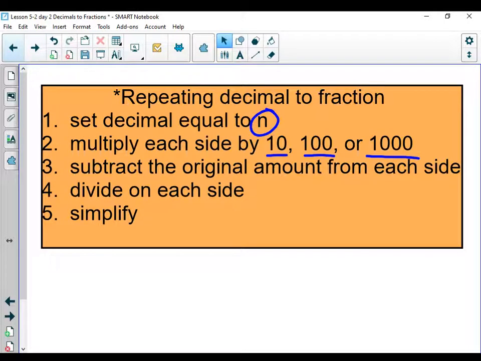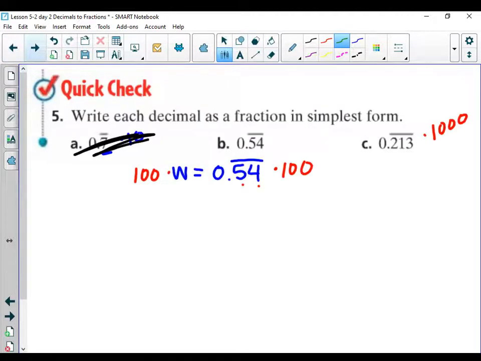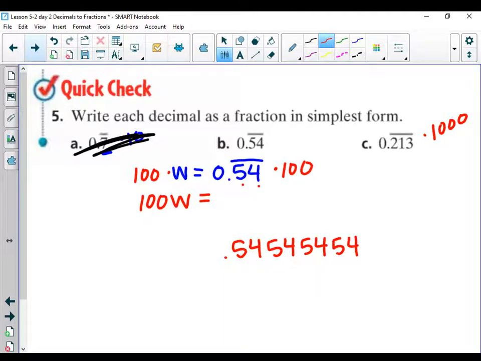Okay, step 1, did it. Step 2, oh, I'm not done multiplying. 100 times W, 100 W. This multiplied by 100 is just like the metric system. Multiplying by 100 gets 2 spots bigger.